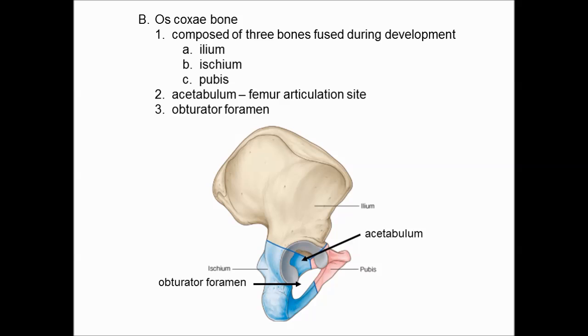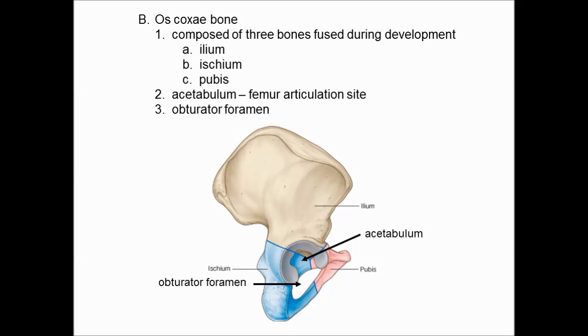There's a large socket that the ball of the femur articulates in, called the acetabulum. So this is the acetabulum articulation site. And interestingly, it's made up of all 3 of the contributing bones of the os coxal bone. It's made up of the ischium, ilium, and pubis.